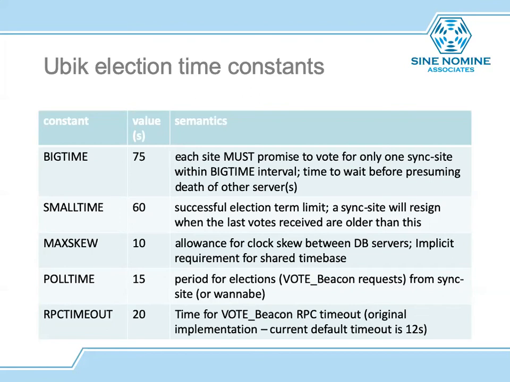So this is one area where I would consider an Achilles heel of Ubik, that it has this requirement. It's hard baked into the protocol, but it has no way of enforcing it really, or at least it does not enforce it. Let's put it that way. And so this is something that we have to be careful about when we configure these servers, to make sure that the time bases are working correctly.